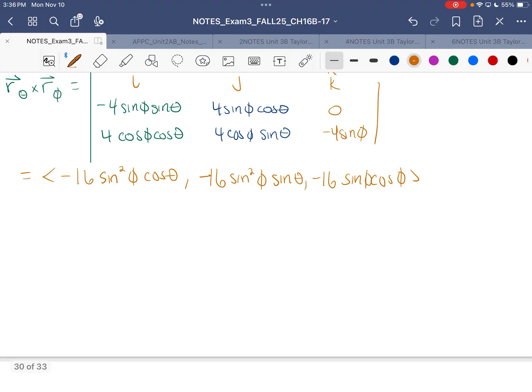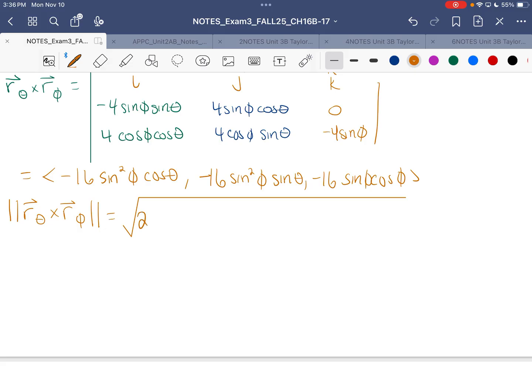Next thing we have to do is the magnitude of that cross product. What's 16 squared? 256.